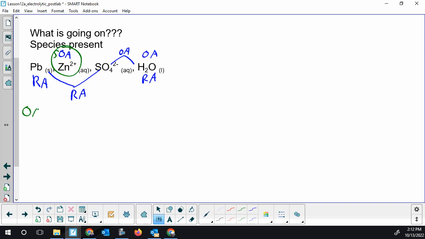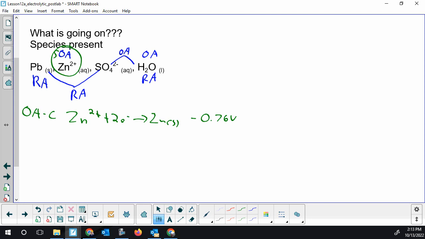So our strongest OA, and the OA always reacts to the cathode. It doesn't matter the type of cell. And its reduction potential is -0.76. It's below our reference.